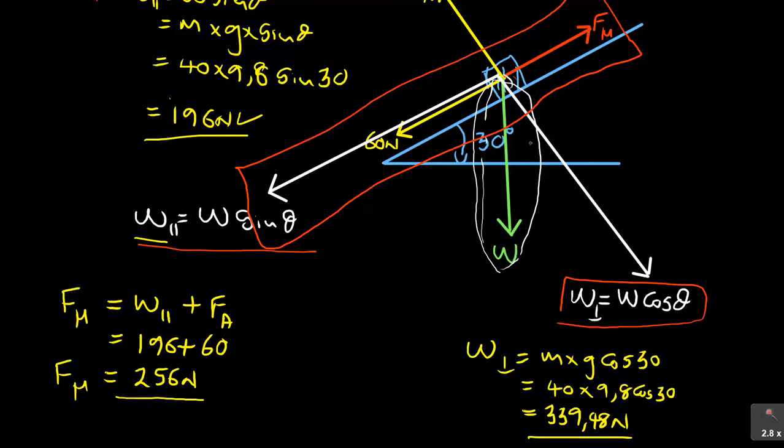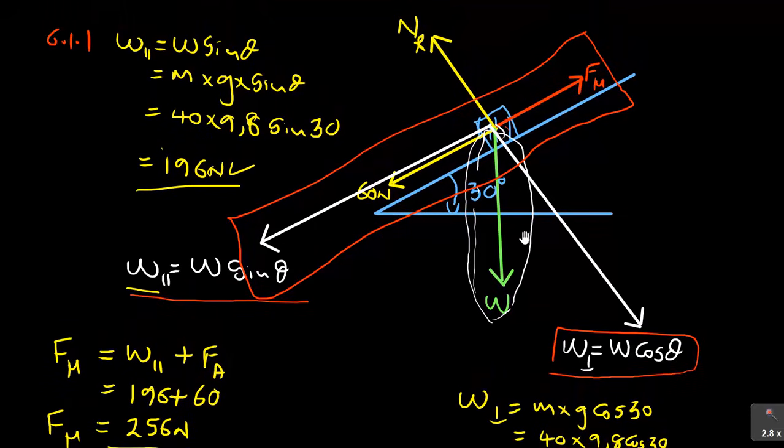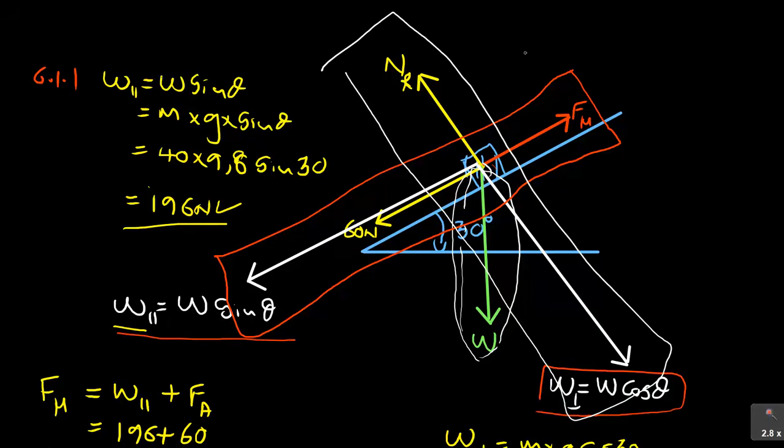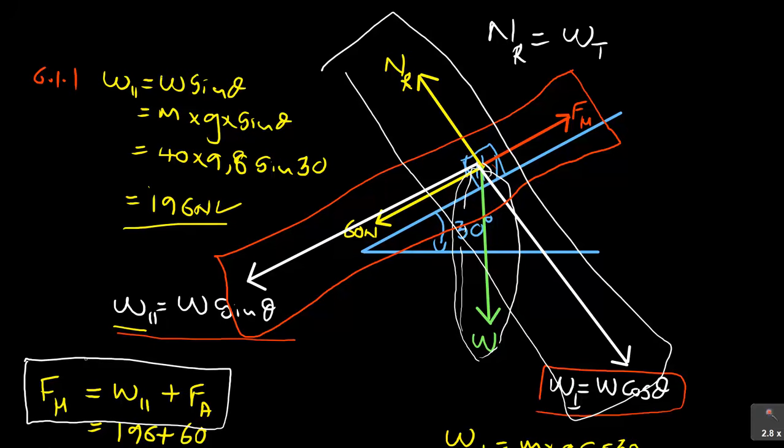If you're looking perpendicular to the plane, the upward force again must be equal to the downward forces. So if we're looking perpendicular to the plane, we focus on this: N is equal to W perpendicular, and then parallel to the plane, it is what we got like that. When you can do that, you are good to go, and your answer comes out easily.